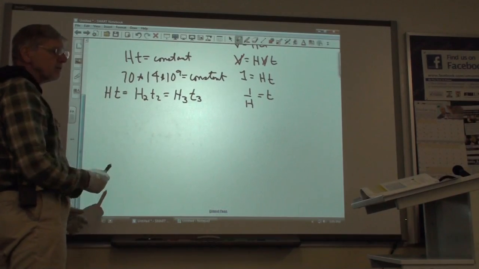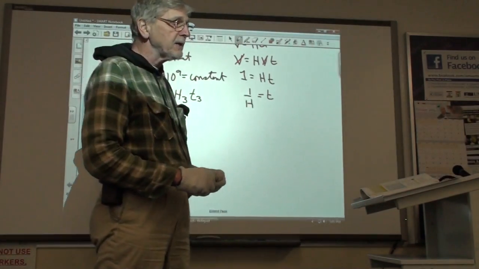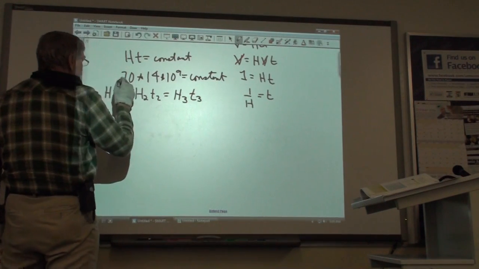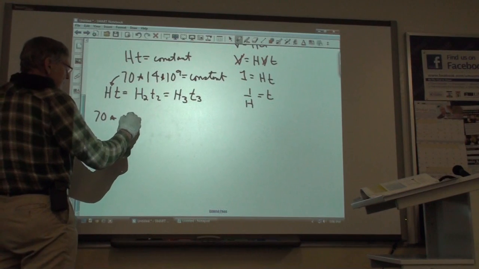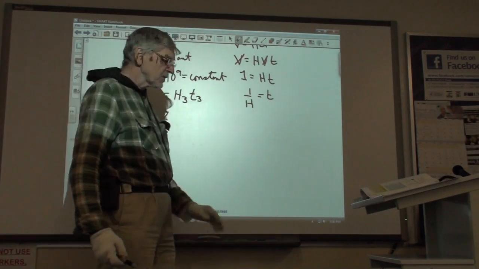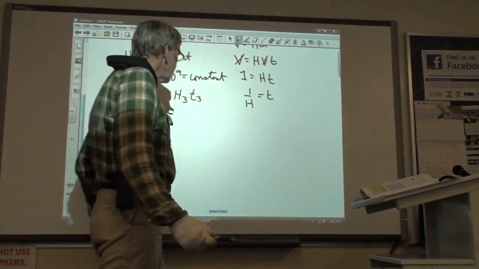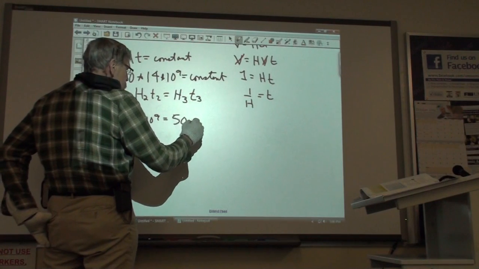So we know by the calculation on page 484 that h times t is equal to 70 times 14 times 10 to the 9th. Now in our text, they want to change that to a Hubble constant of 50. So that's going to generate a new time.